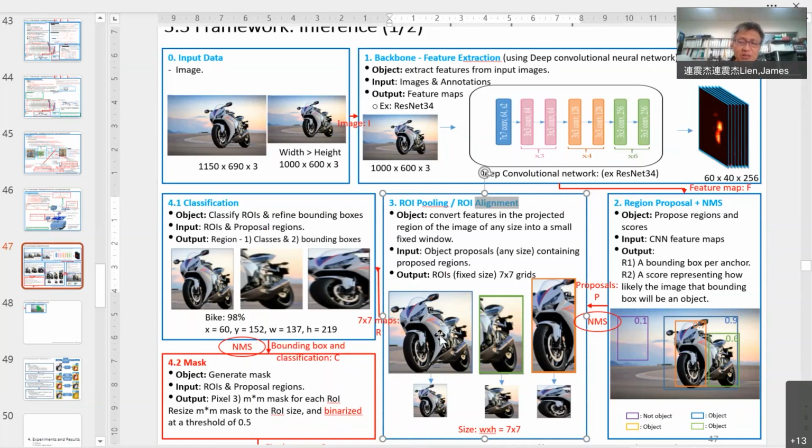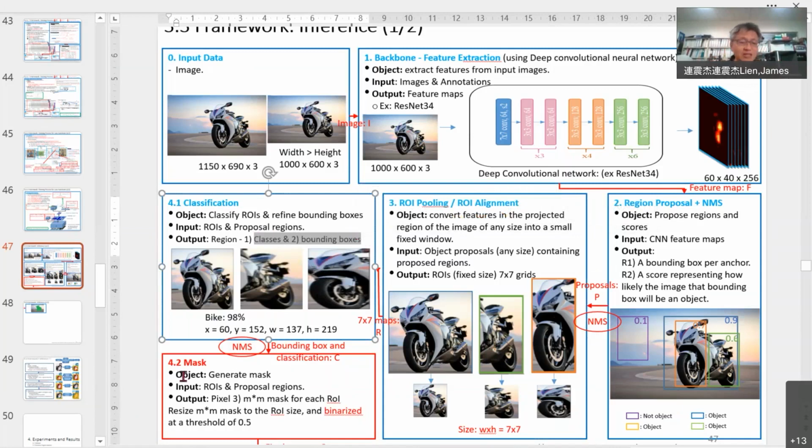This is only the bounding box and features here, so you grab the information to here and do the regression and classification, and some refinement. That's it for the region proposal and the bounding box.